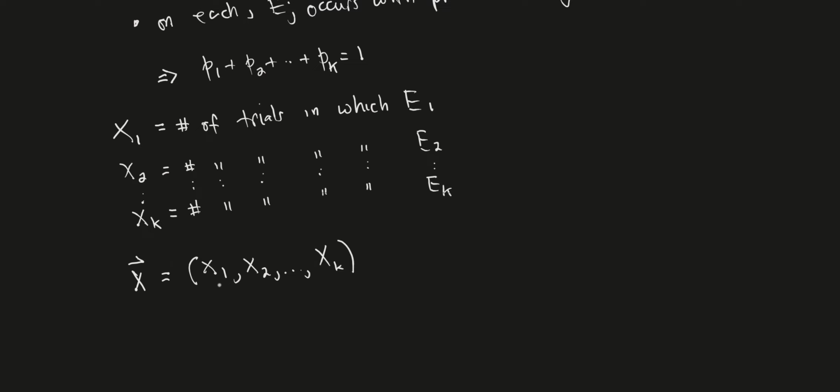So if you remember your facts from linear algebra, this is actually now a vector in R^k, a k-dimensional vector space that now represents random vectors, or I should say random components of a vector.